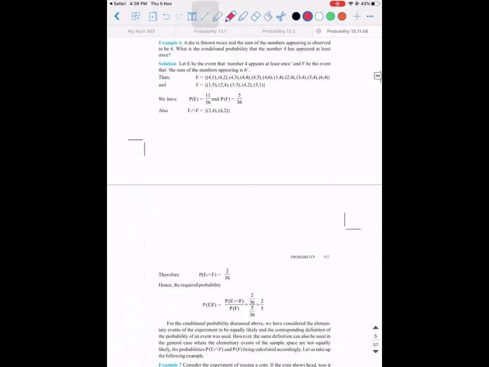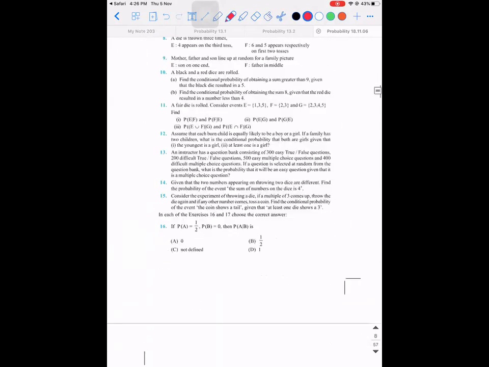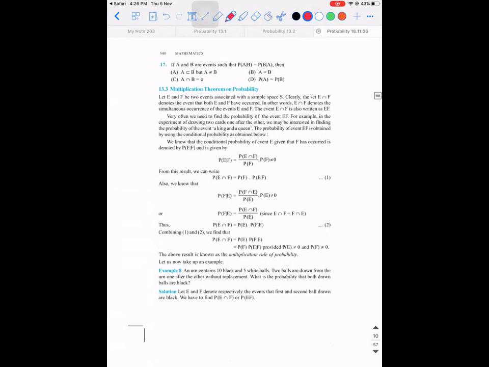The next exercise, we are going to see multiplication theorem on probability. So multiplication theorem on probability again comes from the conditional probability only. So probability of E given F is equal to probability of E intersection F divided by probability of F. So from this, if I rearrange and write, what is the probability of E intersection F?